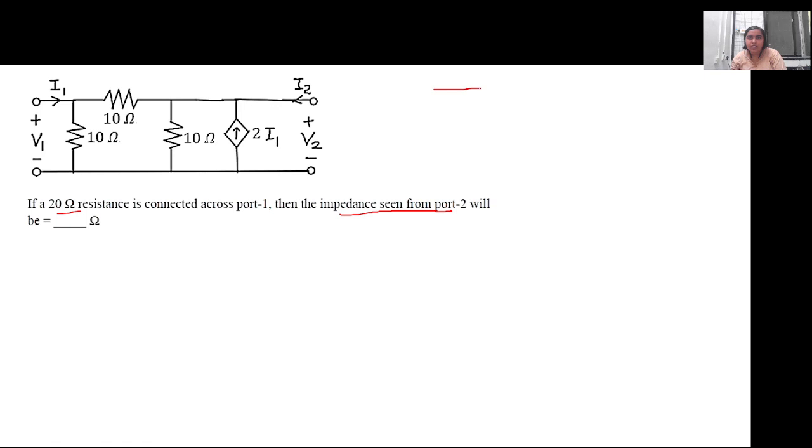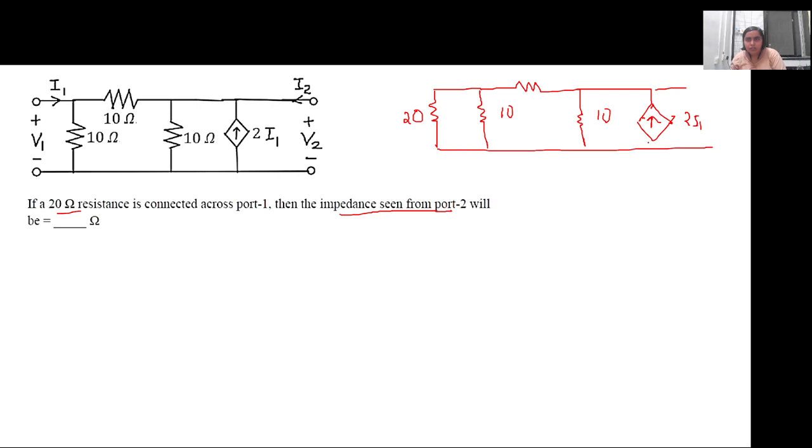So the new circuit now is 20, this is 10 ohm, this is 10 and this is 10. This is the 2I1 current source. This is I2, this is V2, this is I1 and this is V1.